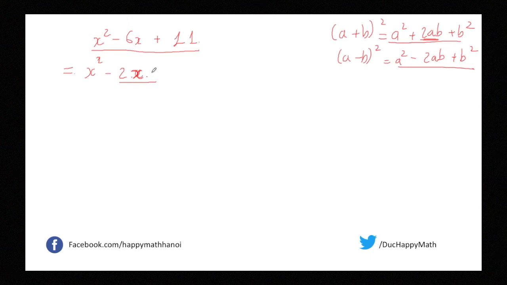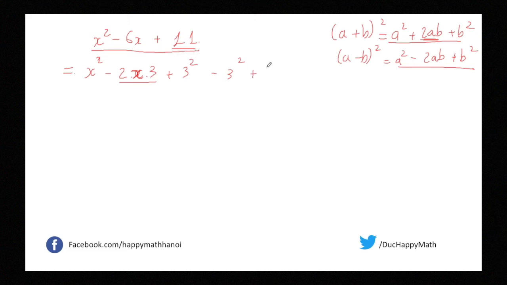So the third factor has to be 3. So you get b equal to 3. So after minus 2ab, you plus b squared, which means 3 squared. From the original expression we have plus 11. So you plus 3 squared, and you just minus 3 squared to leave the value of the expression unchanged.